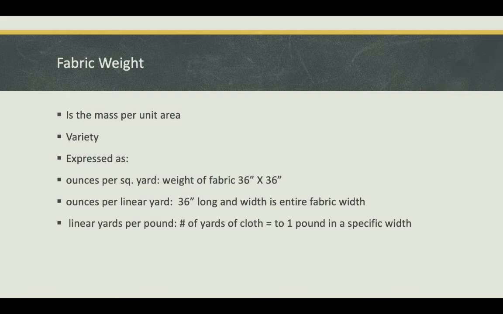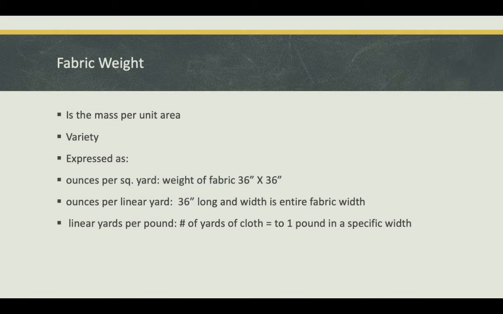Now, what is it? It's the mass per unit area, and you do see a lot of variety. It's expressed as weight per square yard of fabric, so like 36 inch by 36 inch. Ounces per linear yard means 36 inches long, and the width is the entire fabric width.